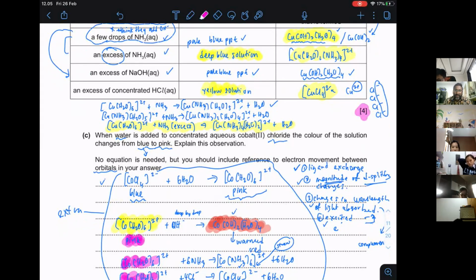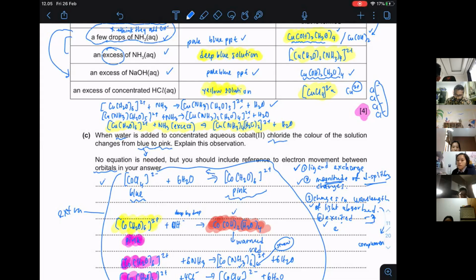But nobody knows how it's going to be asked and so on. If the question doesn't specify reference to electron movement, can we use LCP? If they don't specify, I think you can, because it's supposed to be like this.